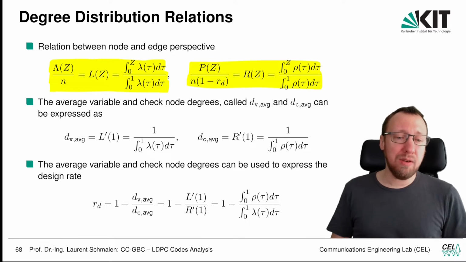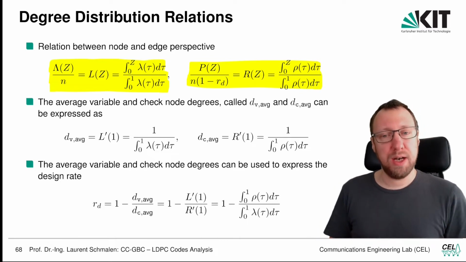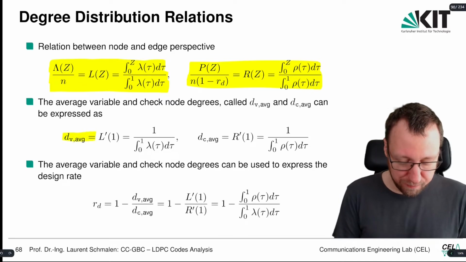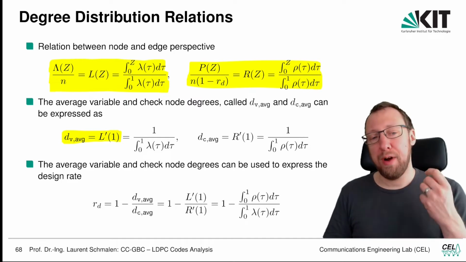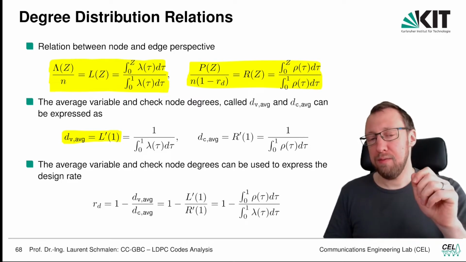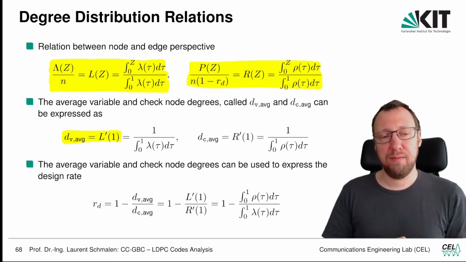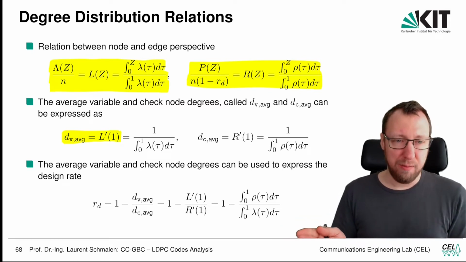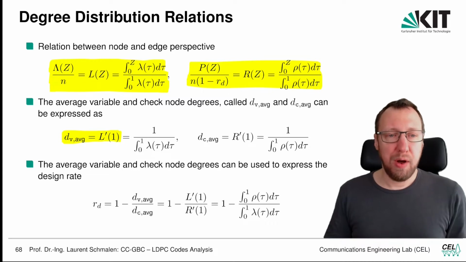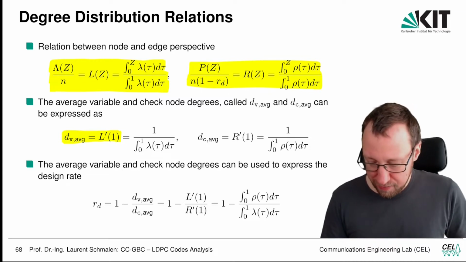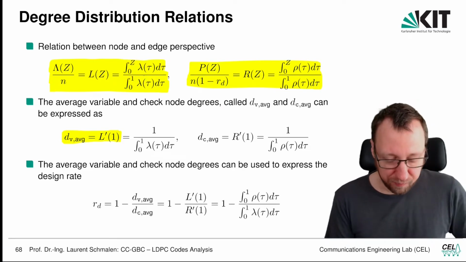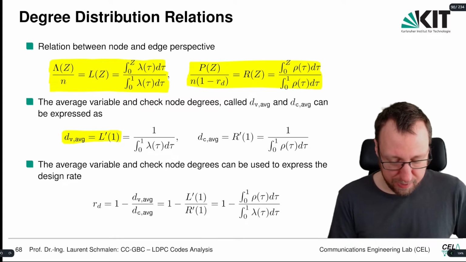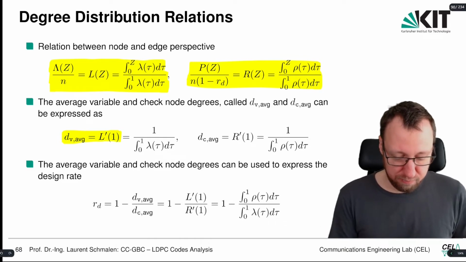Now we can also calculate the average variable node and check node degrees, which is dv average. dv average is L prime of 1. It's the fraction of variable nodes of a certain degree times this degree. It's just given by L prime of 1. So if we take a look at this equation, L prime of 1, if we take the derivative of the numerator, that's going to be just lambda of z.